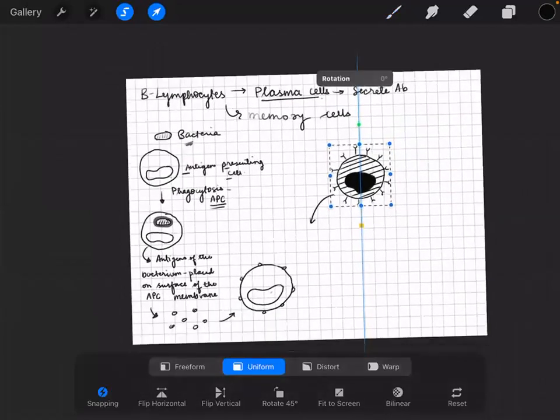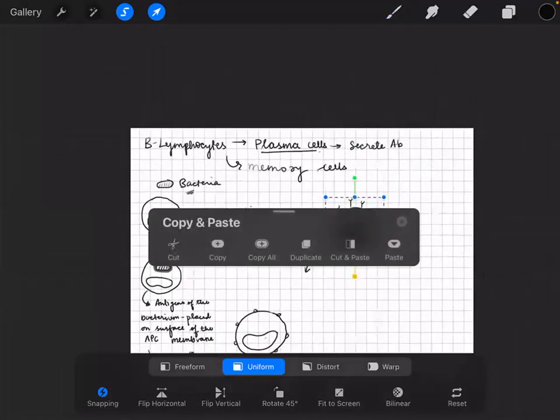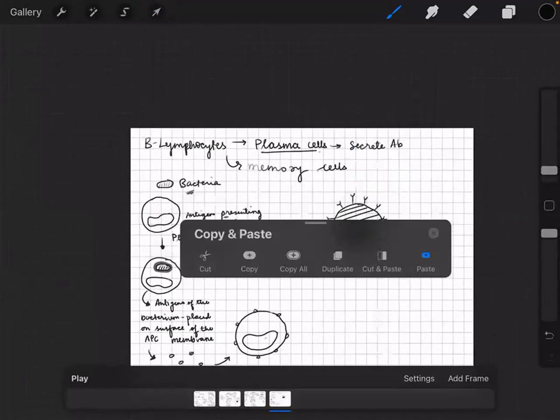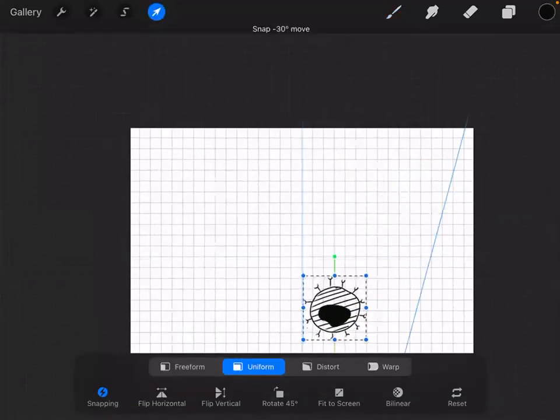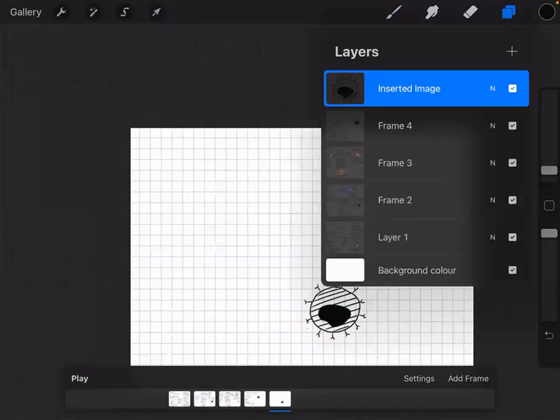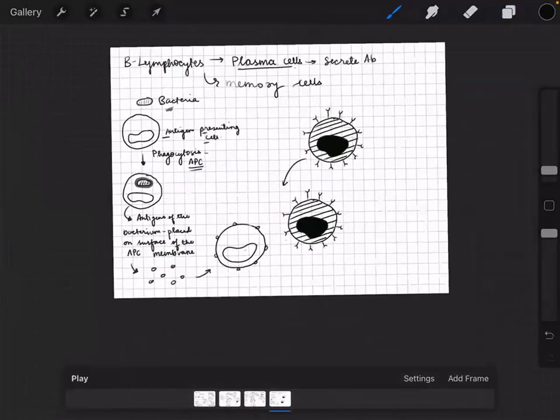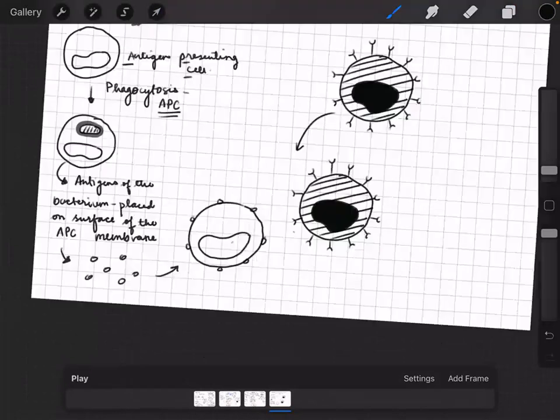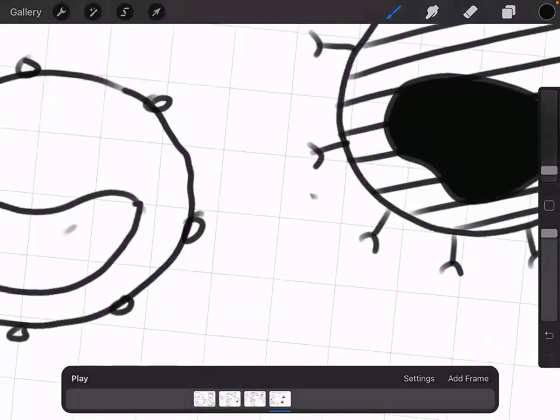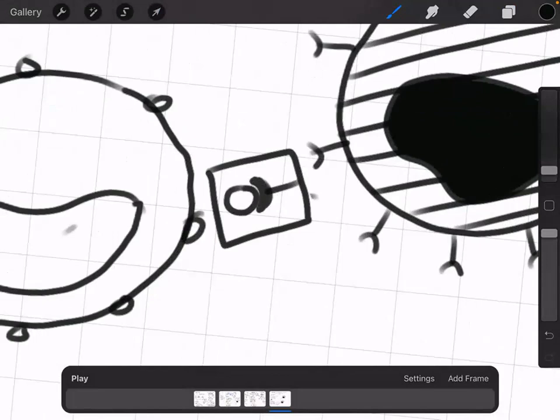So we'll just bring it up and copy it and paste. Okay, somewhere here. Right now this cell is going to come closer over here, and what you are going to see happening in this portion is the identification and the matching up of this antigen and antibody, right? So this is what will take place.